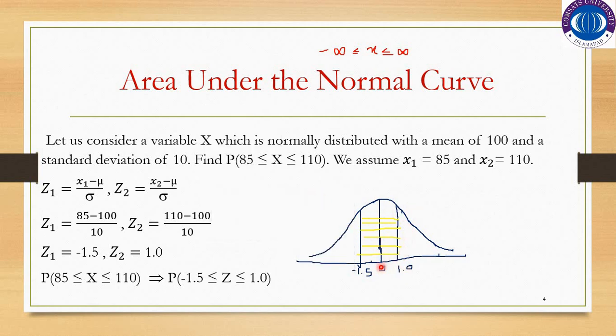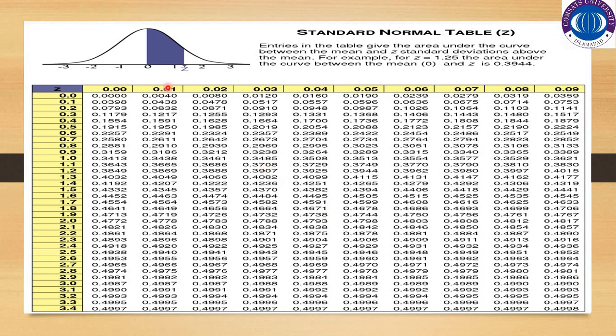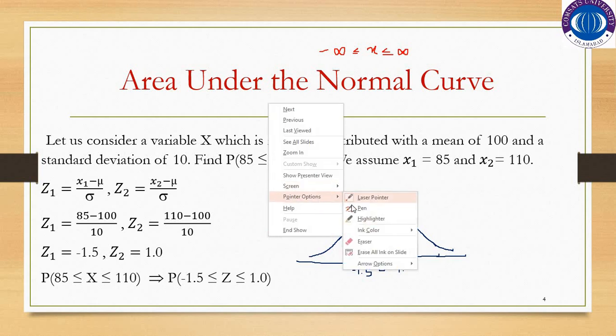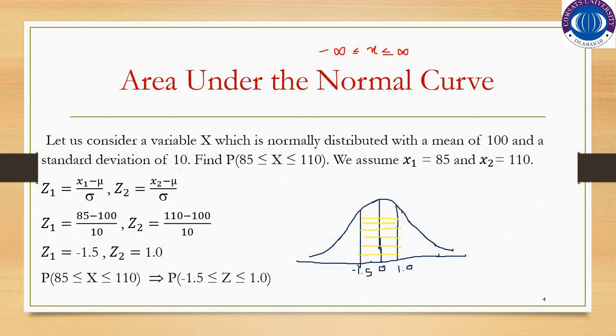So this is the total area you have to find out, but the table is giving you the probability of area from mean to some specific value z. That is, you can find out the area from 0 to minus 1.5, or from 0 to 1.0, but you want to find out this complete area. So what will you do? You will do this in this way.